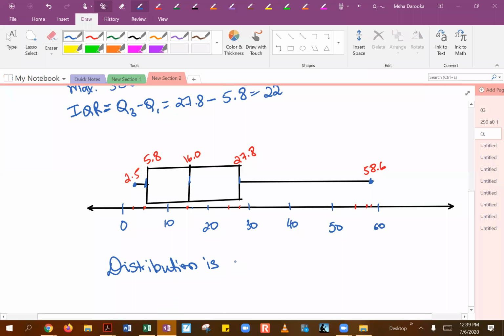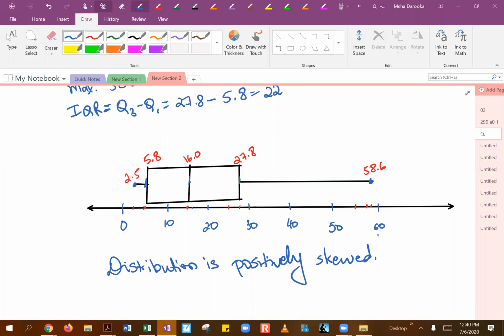So we would say the distribution is positively skewed. So as I was saying, sometimes your box may be showing one thing and your horizontal lines could be showing another thing. So you kind of have to decide which one seems like a more appropriate distinction for our distribution shape.